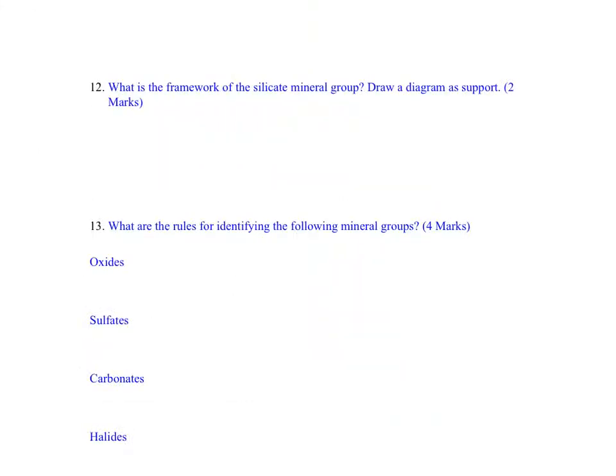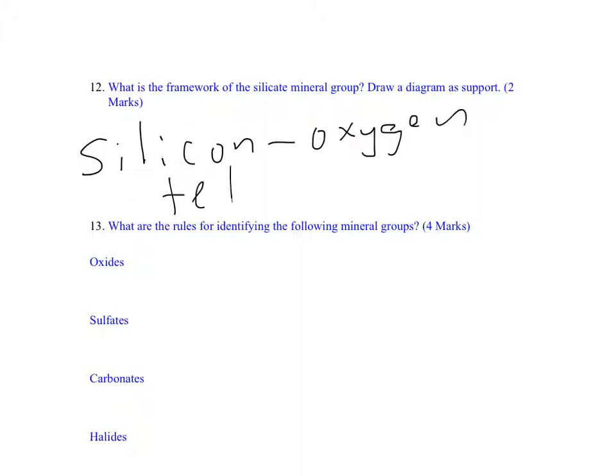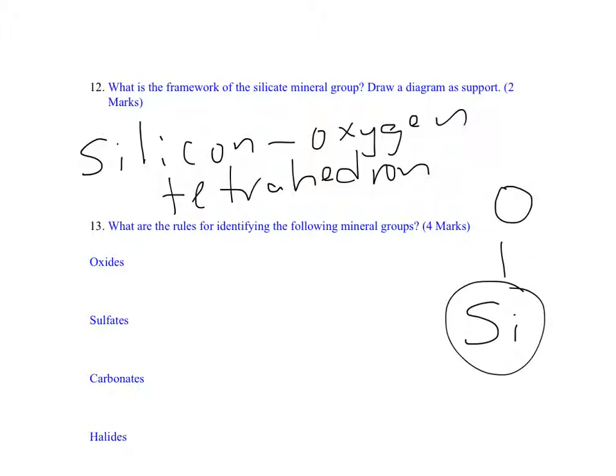And last page. What is the framework of the silicate mineral group? The answer to this question is the silicon oxygen tetrahedron. And if you were to look at a silicon oxygen tetrahedron, you have your silicon here, you have an oxygen in the same plane, an oxygen in the same plane, an oxygen coming out straight at you, so we use like a triangle effect, and a dotted line for an oxygen going back into the board.